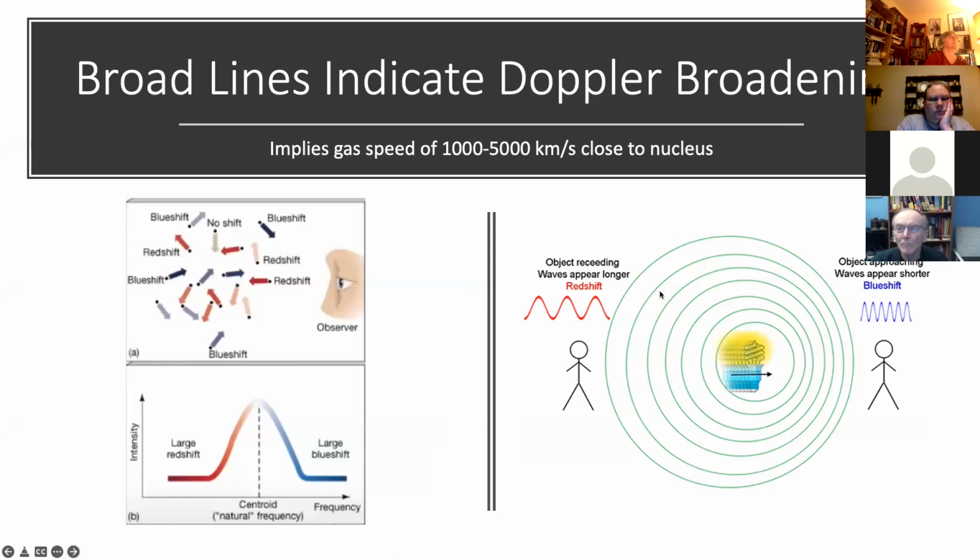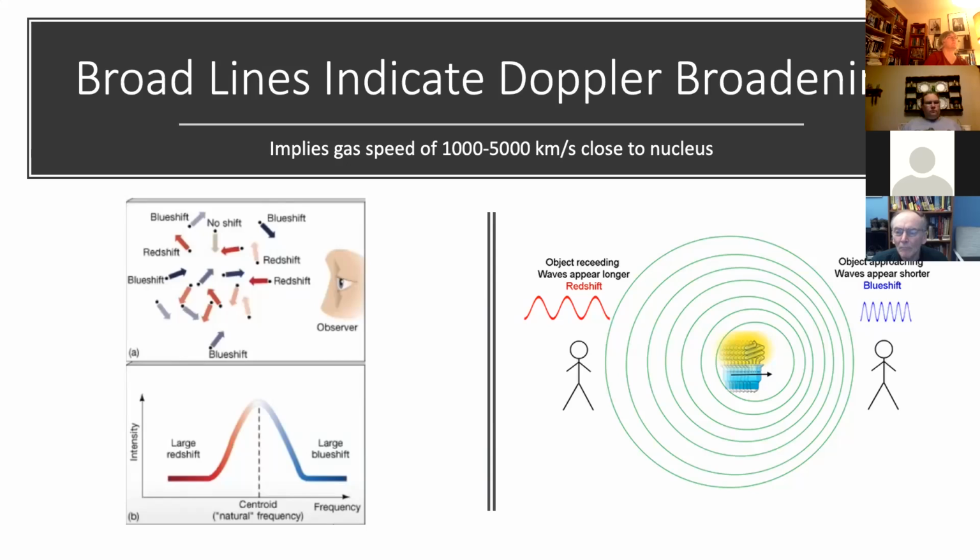Well, broad lines indicate something called Doppler broadening. This is when the speed of the emitting object has to be very high, and it's either coming close to you or away from you. Doppler broadening is a lot like the Doppler effect, in this case with light. Light has a particle and a wave nature.